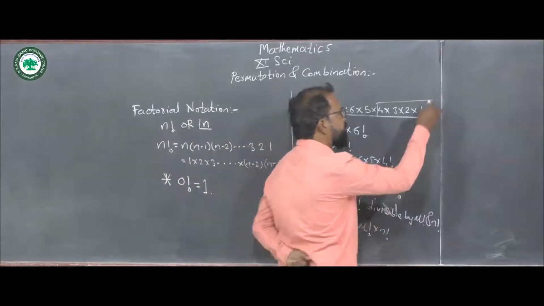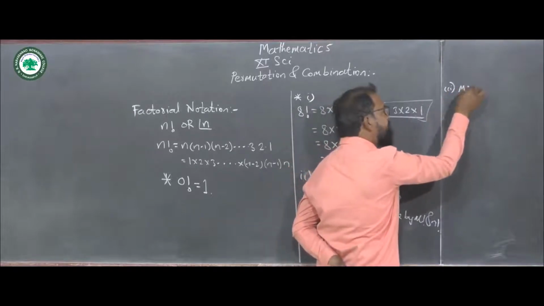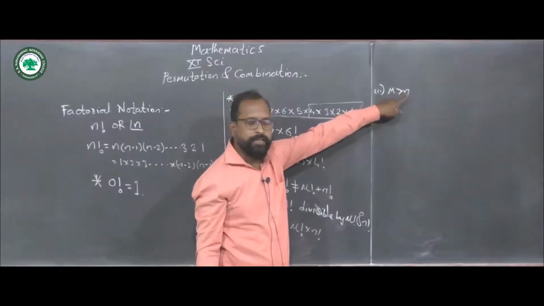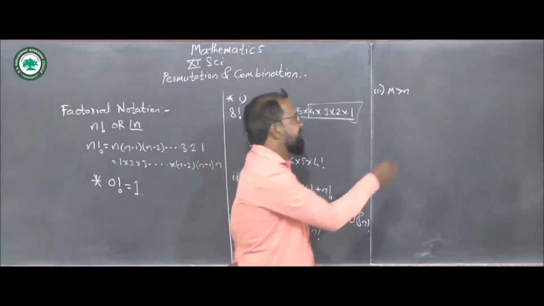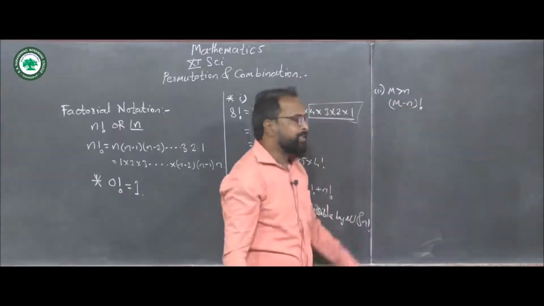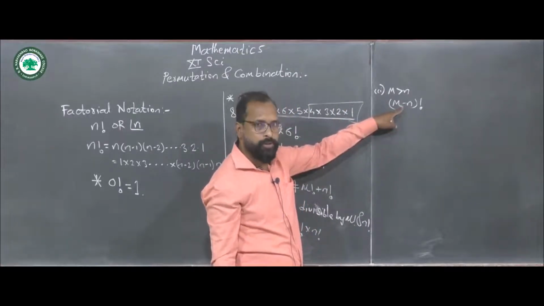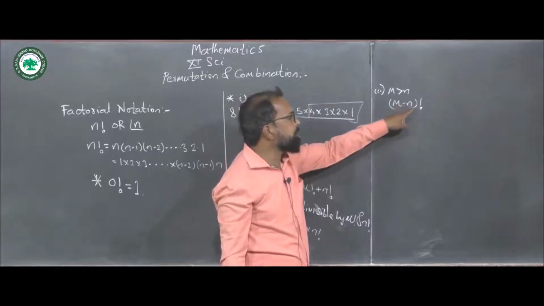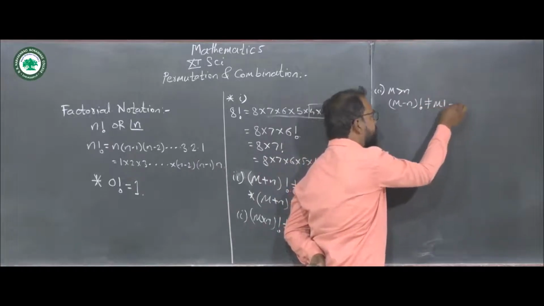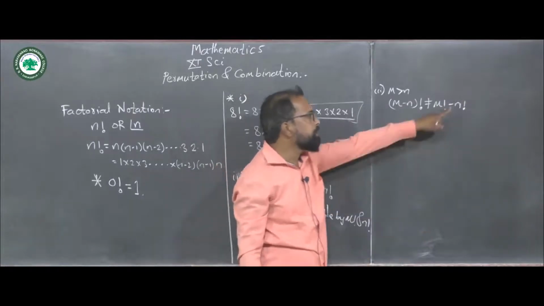Also, for the subtraction, we can say that number 4, if m is greater than n, if we consider a natural number m greater than another natural number n, then we can say that m minus n factorial, obviously this is greater than 0 because m is greater than n, so this subtraction is positive. So m minus n factorial, again, is not equal to m factorial minus n factorial.